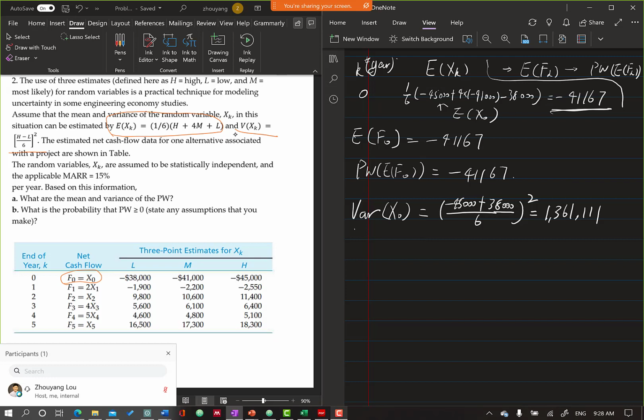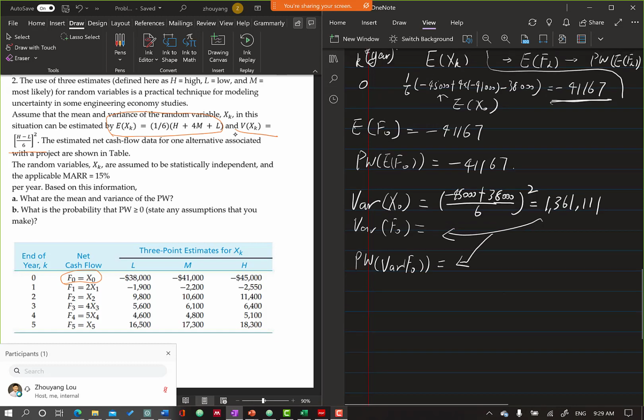Since f is just x0, that's the same number here, and the present worth of the variance of f0 is still at year 0. We just copy down that number as well.